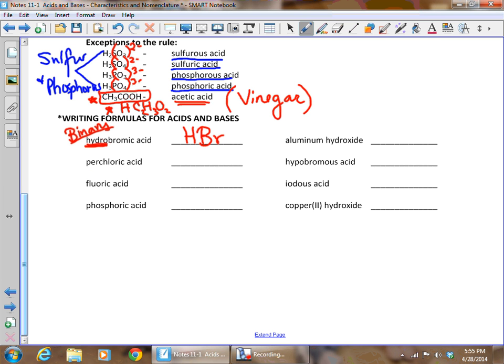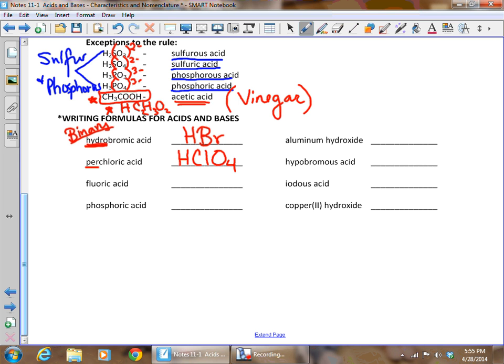Perchloric acid, as soon as it starts with a per, we know that it has an H at the beginning and 4 oxygens at the end. Look at the rules up above. If it starts with the prefix per, it's for the 4 oxygens. And since chlor is the root word for chlorine, the middle element's going to be Cl.